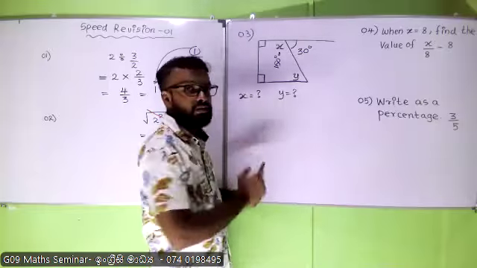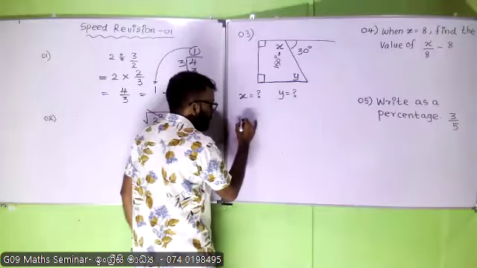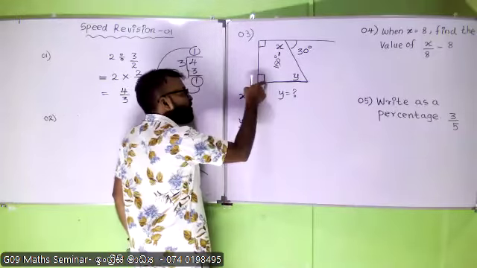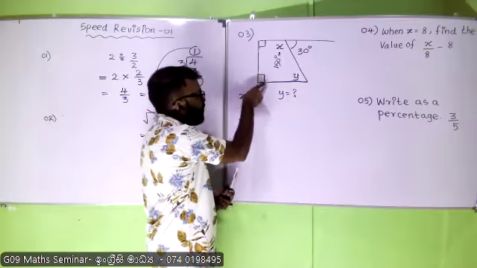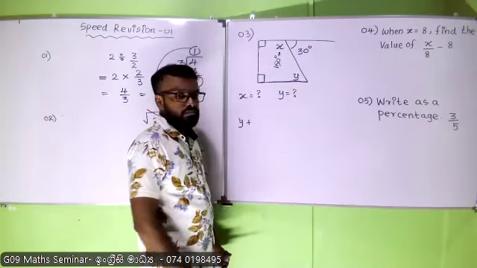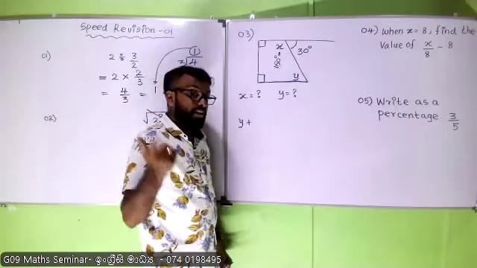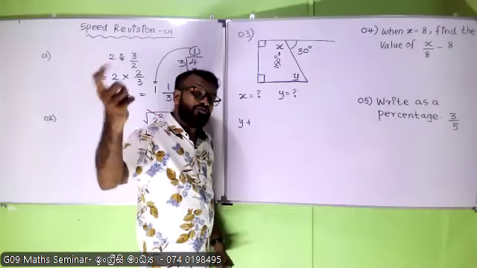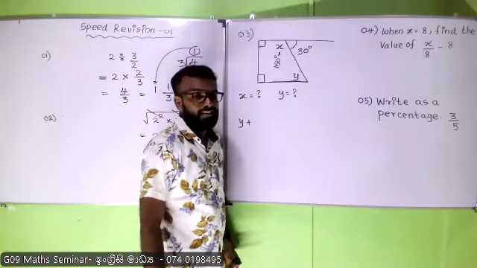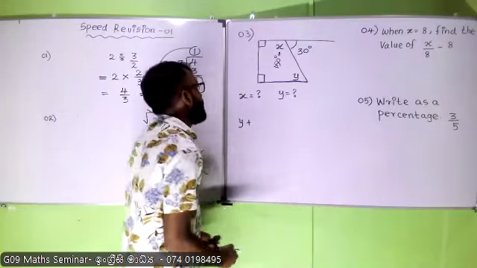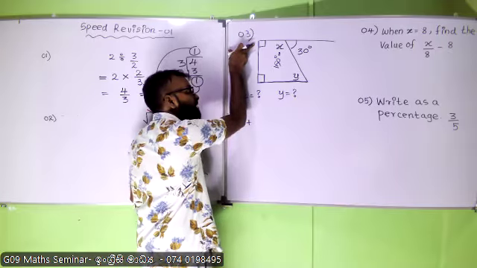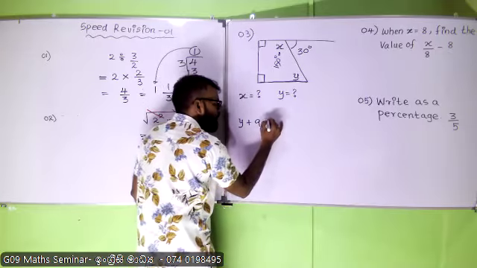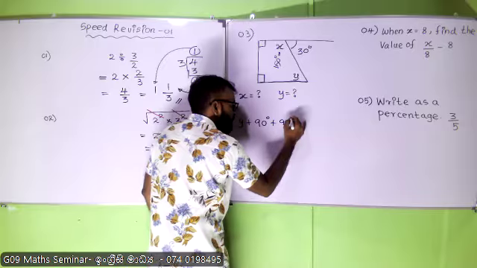So take it to the first place. Y plus. What is this single angle called? Right angle. Then what is the magnitude of that right angle? 90 degrees. So this angle is a right angle, and this angle is a right angle. So I can write 90 degrees plus 90 degrees.